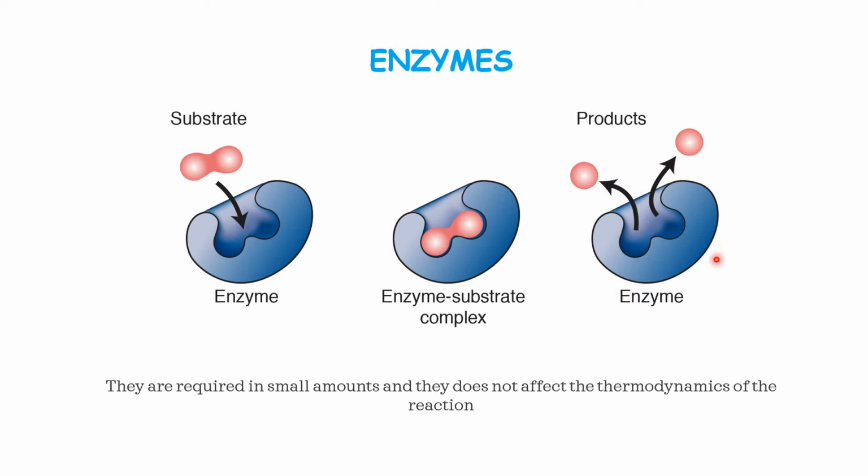After the products were produced, the enzyme can automatically function again. Thus, because of that, they are only required in small amounts. And because of that too, they do not affect the thermodynamics, or the total amount of temperature changes, and things like that, of the reaction.